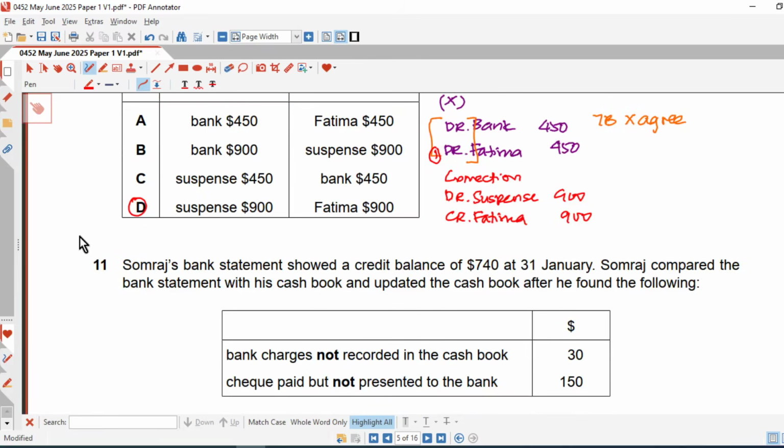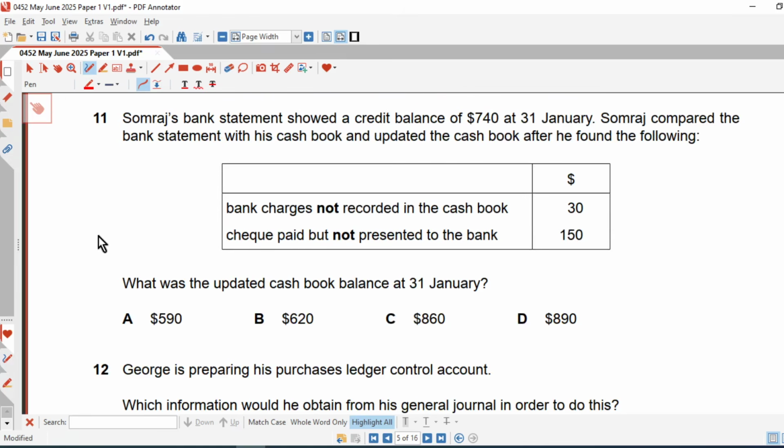Now, if we're good, let's move on to question 11. Rogers' bank statement showed a credit balance of 740 at 31st January. Somraj compared the bank statement to his cash book and updated the cash book after he found the following.